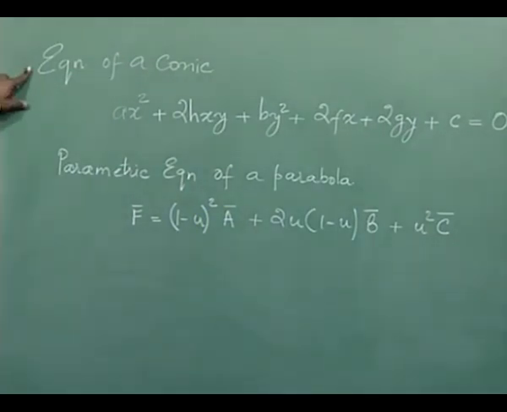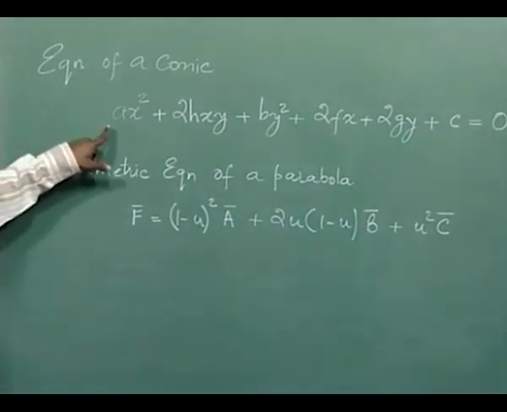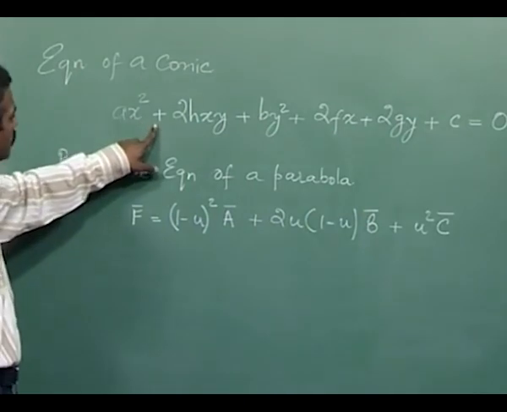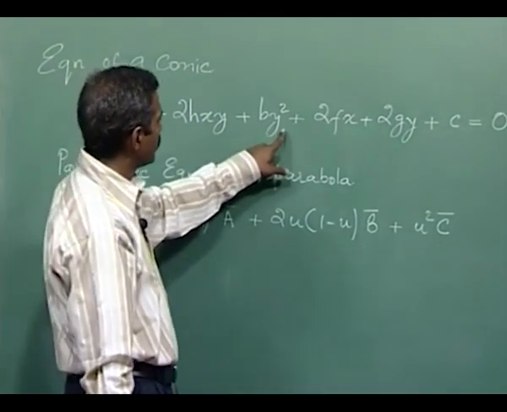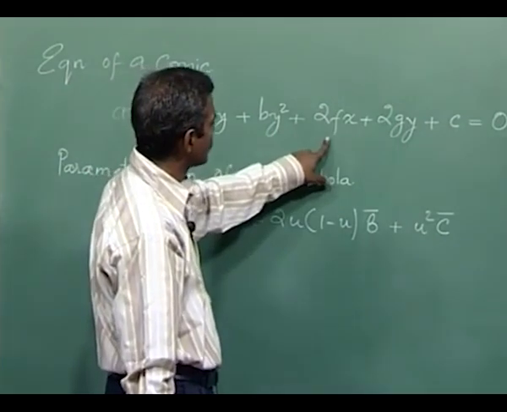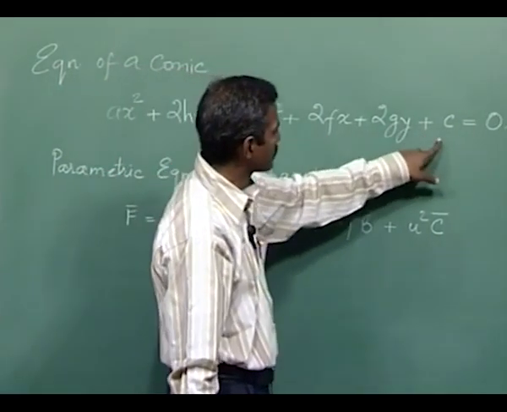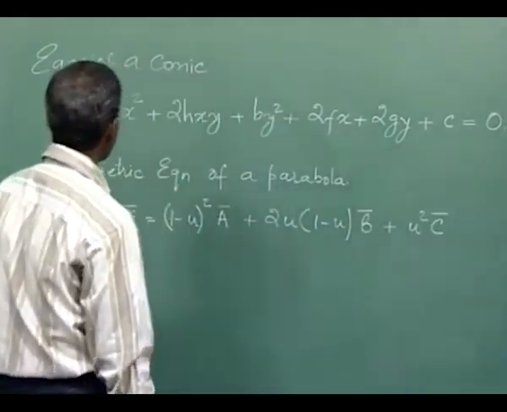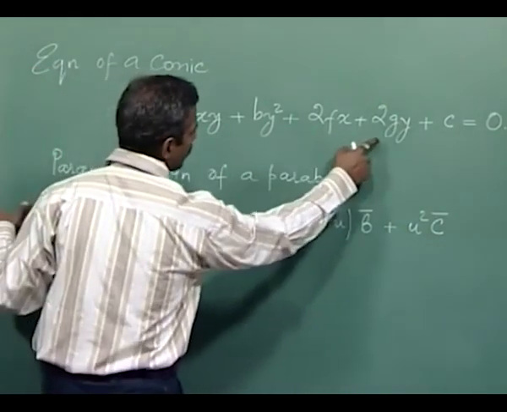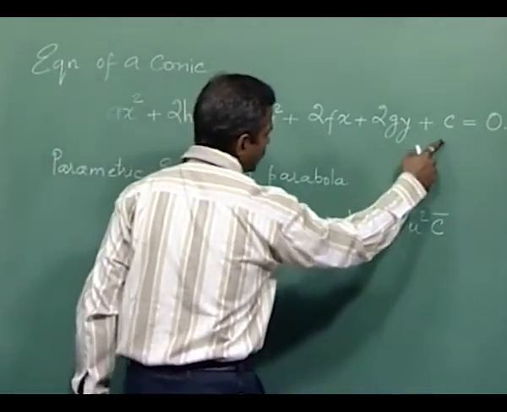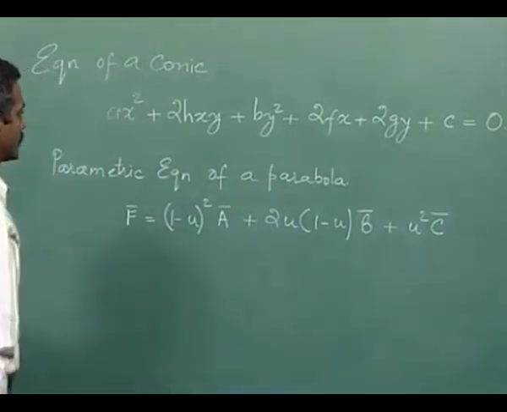The generic equation of a conic is given by ax squared plus 2hxy plus by squared plus 2fx plus 2gy plus c equals 0. Here, a, h, b, f, g, and c are unknown constants.